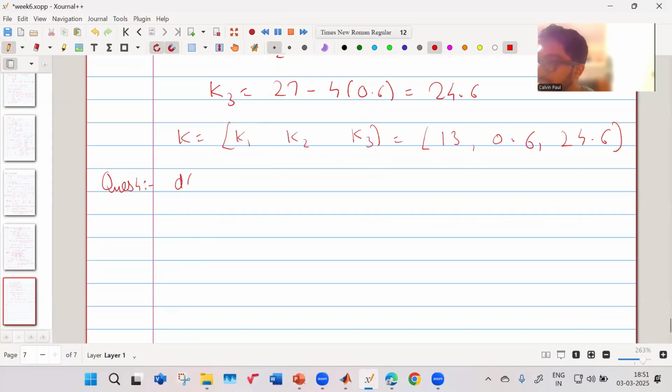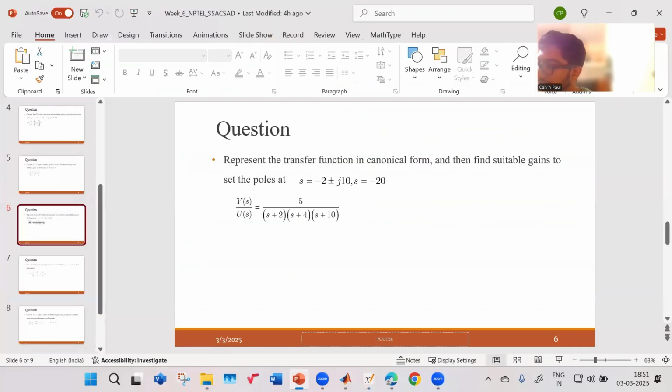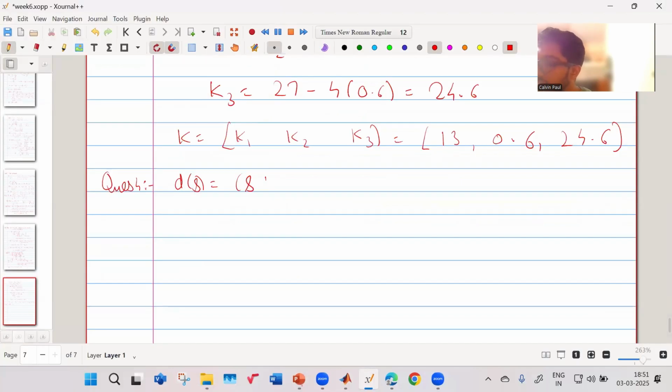So our desired transfer function is what? It is minus 2 plus minus j10. So it should be s plus 2 plus or minus j10. So those are the pole locations, right? This s plus 2 plus j10 and s plus 2 minus j10 into s plus 20.